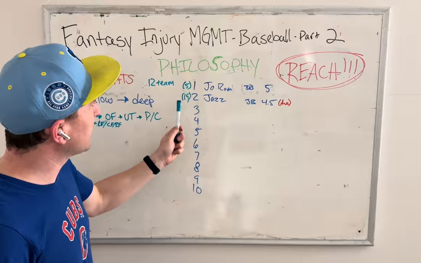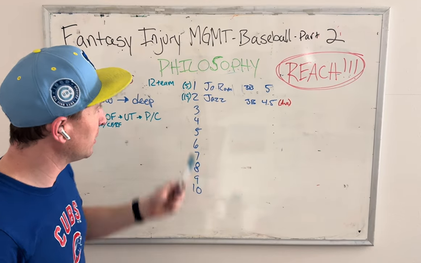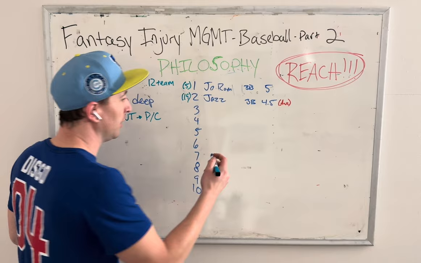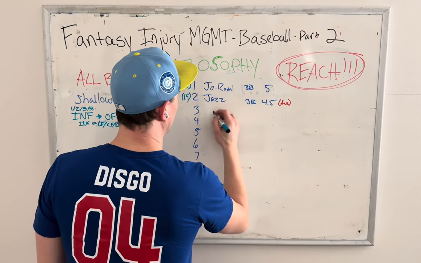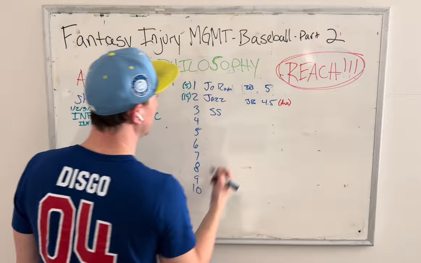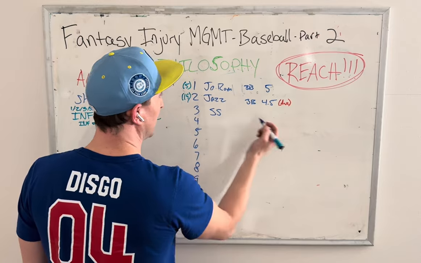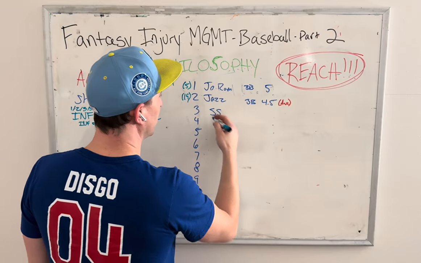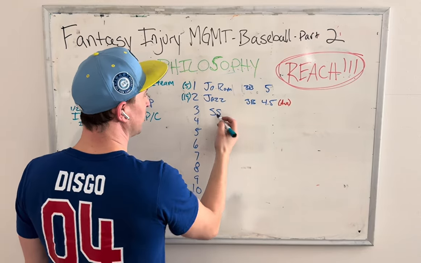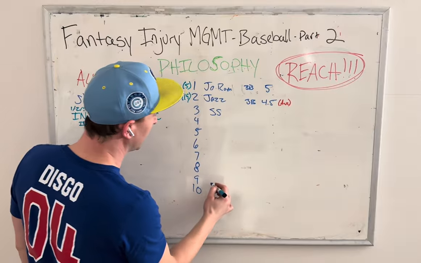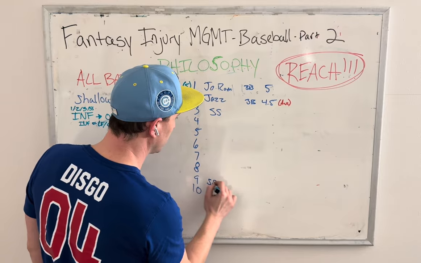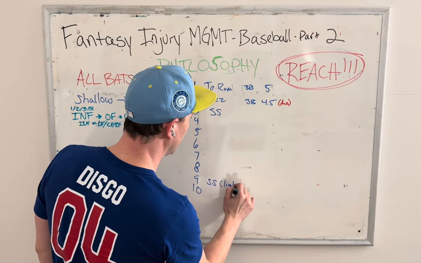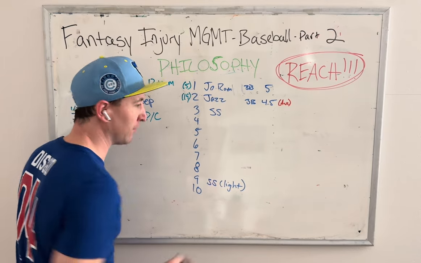All right. So that's kind of the basis of the strategy. You're going to go through and say you take a shortstop here later in the draft. You want to get the light version, shortstop light, of that version, right?